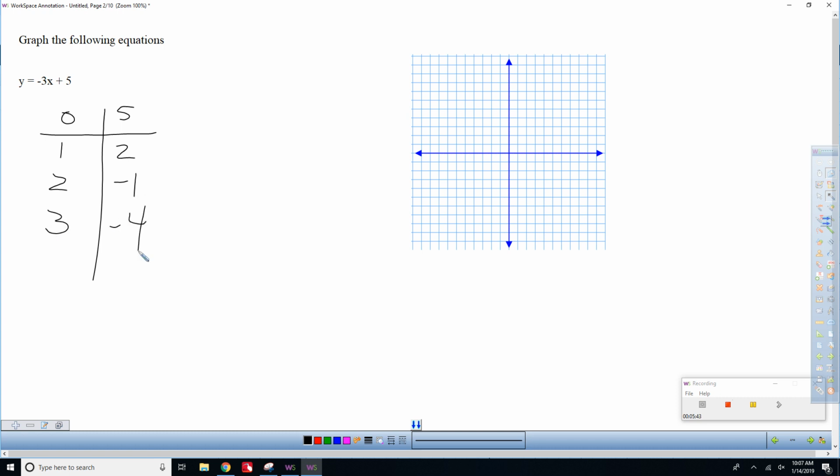That's enough points. So we get (0, 5), (1, 2), (2, negative 1), (3, negative 4). Use a straight edge.